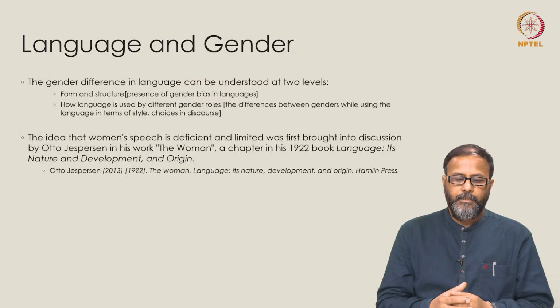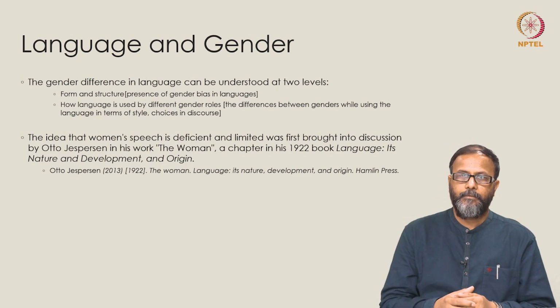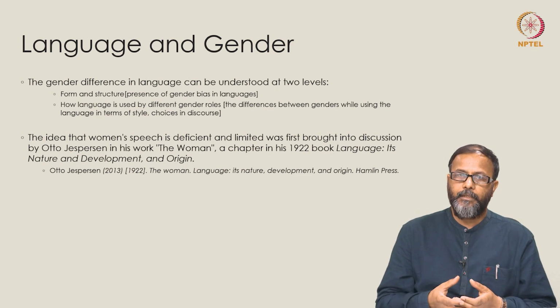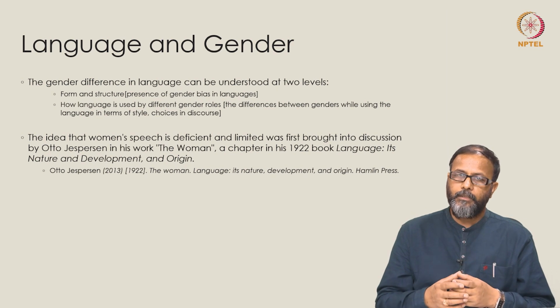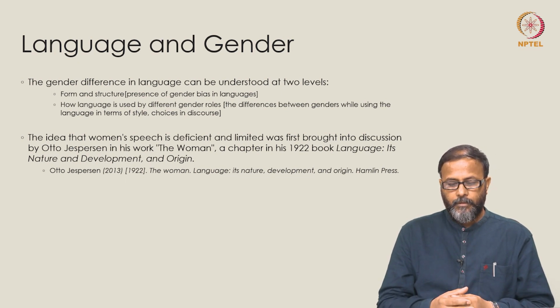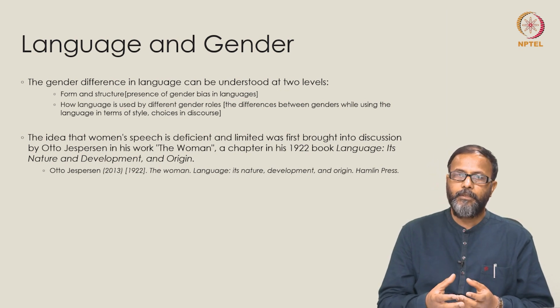Now the gender differences in language can be understood at two different levels. Number one, how language encodes gender, or the forms and structures available in a language that represent gender, that attend to gender. So the presence of gender-centric expressions, words, and structures.